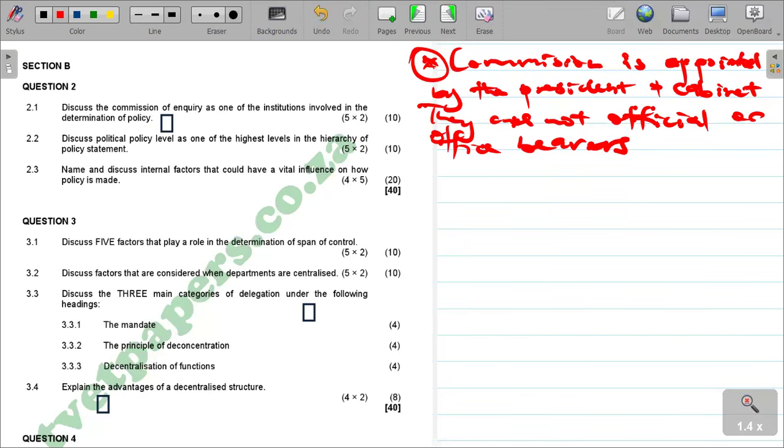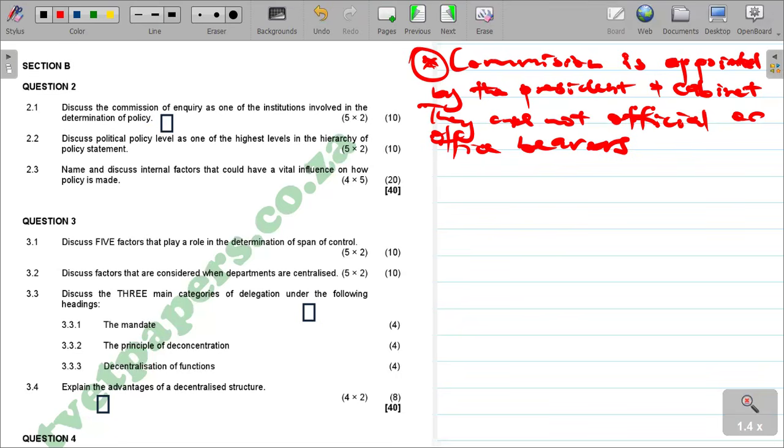So what happens again is that they are unbiased and fair to the matter that they have to investigate. They have got equal treatment towards the matter that they have to investigate. We must be aware that a commission of inquiry is sent by the president and the cabinet in order for them to work unbiased.